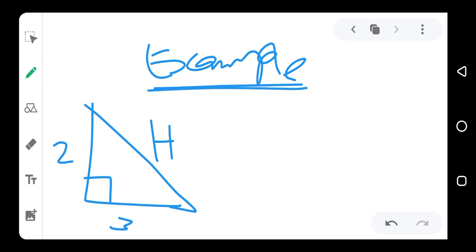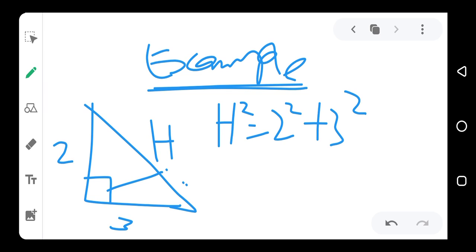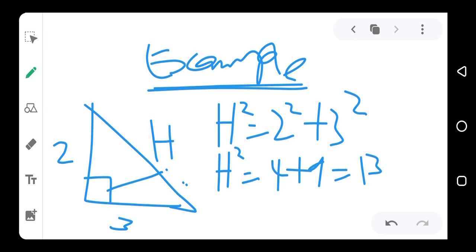What is this value for h? Using Pythagoras theorem, this side is the hypotenuse because it is facing the angle 90 degrees. So we say that h squared is equal to 2 squared plus 3 squared, and h squared is equal to 4 plus 9, which is equal to 13.